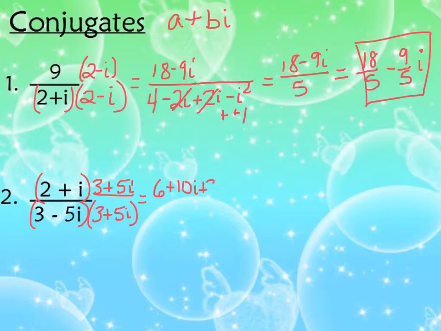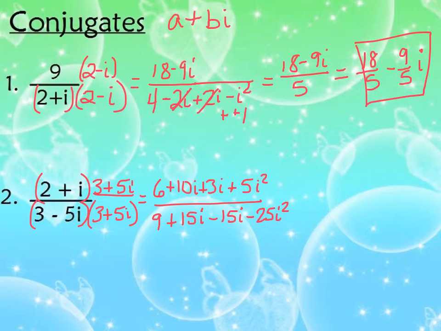Inner is a 3i. Last is a 5i squared. On the bottom, when I FOIL, I'm going to have a 9 plus 15i. Inner is a minus 15i. Last is a negative 25i squared.